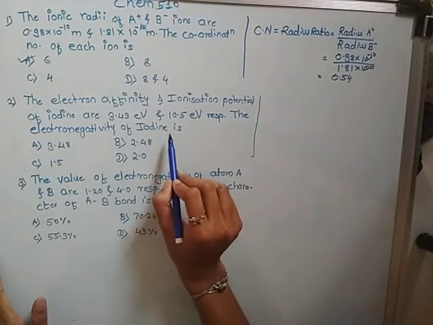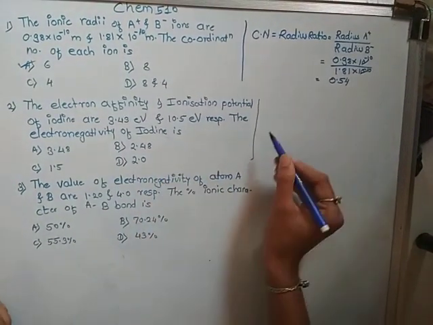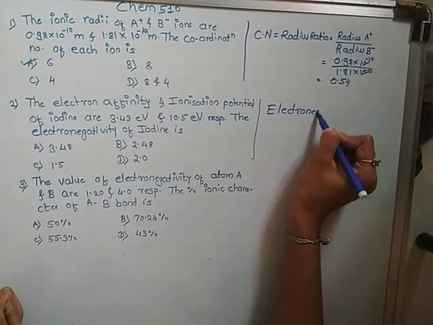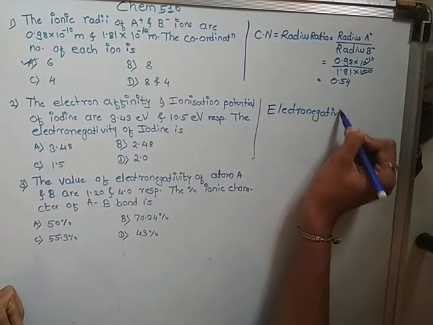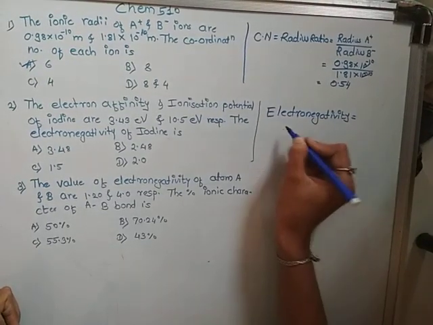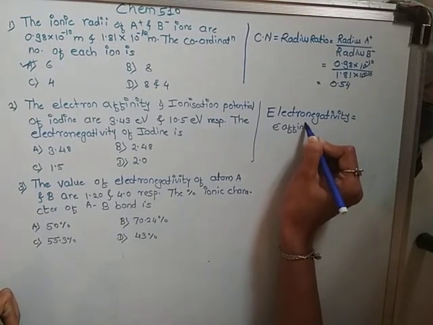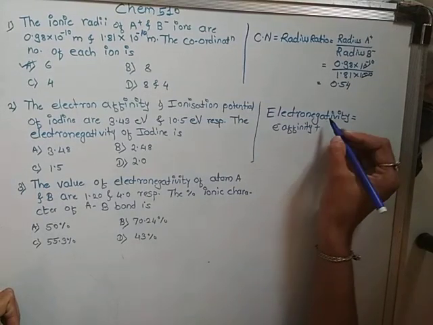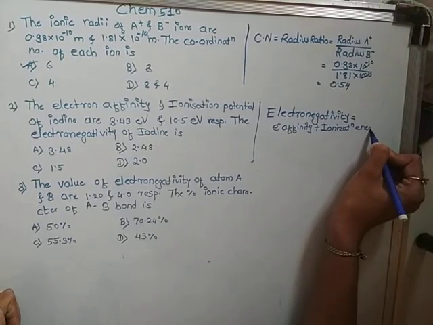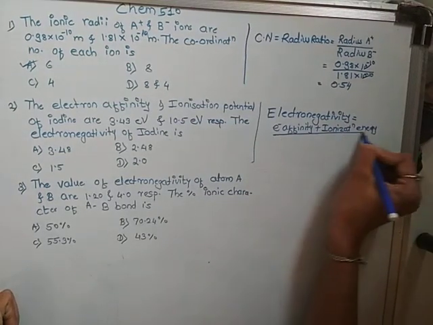The electronegativity of iodine is, you know that electronegativity is equal to electron affinity plus ionization energy or potential, divided by 5.6.